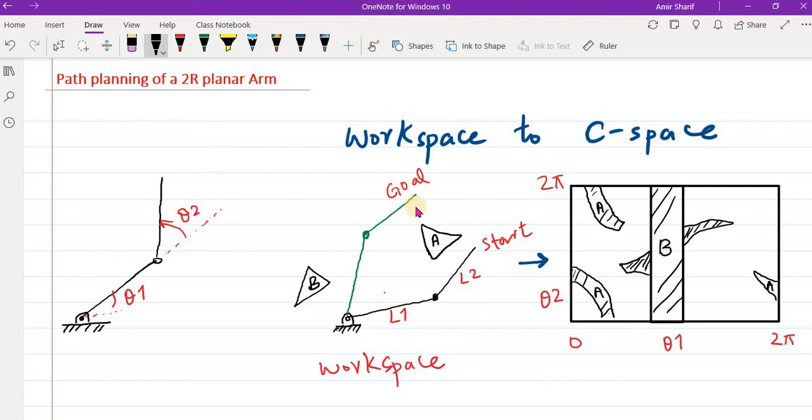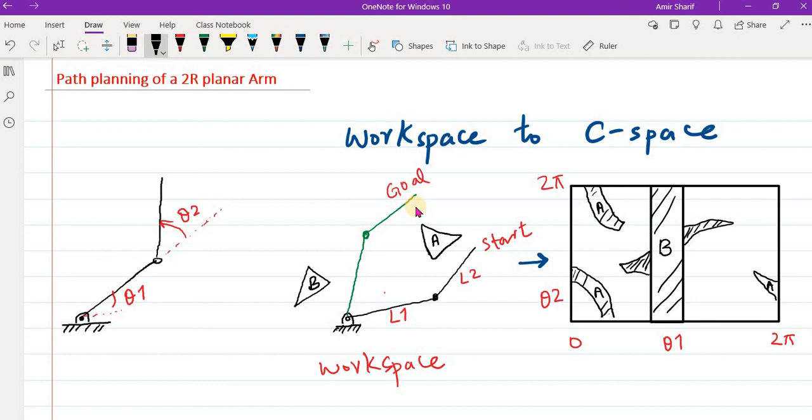And there is also a chance of collision the other way around, when your link 2 is, let's say, 45 or 90 degrees and link 1 is 0. So this is one collision obstacle.